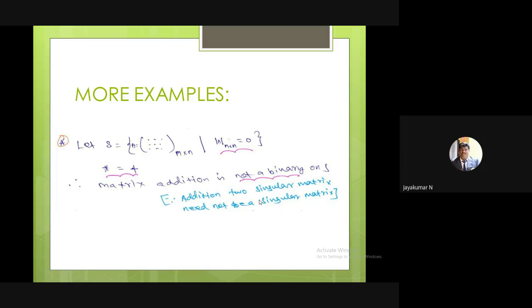If you choose a 2 by 2 matrix 1 0 0 0, and another 2 by 2 matrix 0 0 0 1, and add them, you get 1 0 0 1, the resultant is non-singular because the determinant is 1. So obviously addition of two singular matrices need not be a singular matrix. It is not binary.